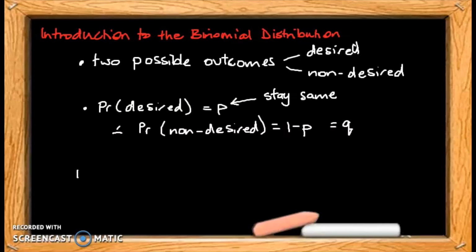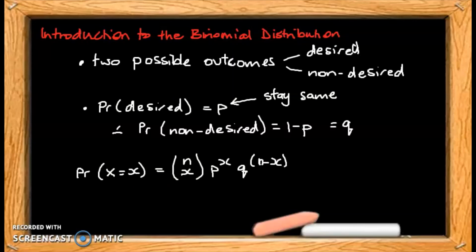And finally, the probability of having X number of successful trials in N trials is nCx, P to the power of X, and Q to the power of N minus X. And that's basically the nCx is the number of branches in a tree diagram, P is the probability of success, X is the number of trials we want to have success or we're looking for, and N is the number of trials overall.